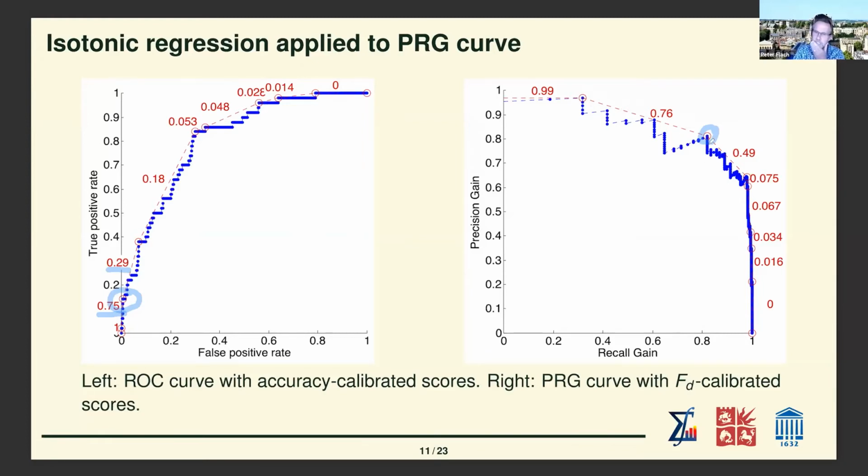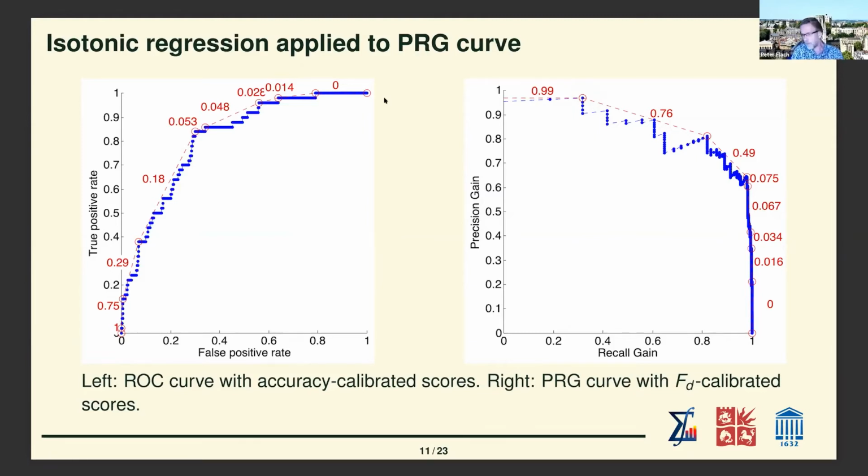If I wanted to give more weight to recall, I would go further down, for instance, to this point here. If I wanted to give more weight to precision, then maybe I would go further down to that point. The thing I have in mind here is that it is perfectly fine to have multiple scores coming out of your classifier. Your classifier could give two scores. One is a calibrated score for accuracy, as we have talked about for most of the afternoon.